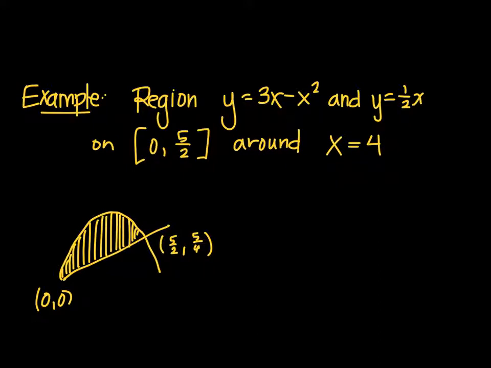So we are going to take that region and rotate it around the line x equals 4. And the line x equals 4 is over here.